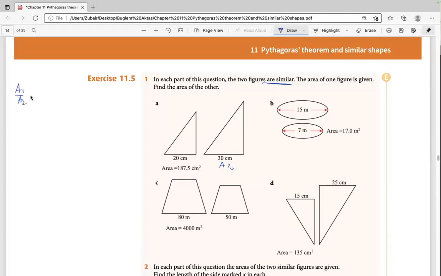A1 by A2 is equal to L1 by L2, whole squared. Now I'm keeping the unknown at the top, so I have fewer steps. The known is 187.5 on the other side. When I use that as unknown, the side for unknown is 30 and the side for known is 20, whole squared.